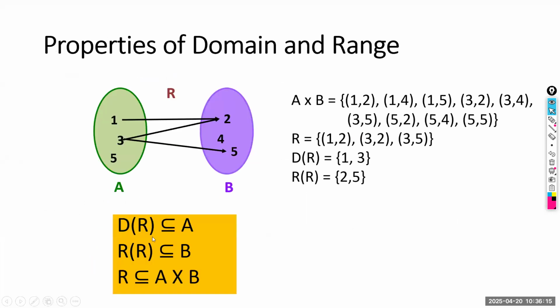Remember, the domain is a subset of your set A. Range is a subset of your set B. Maybe you can take B as your codomain. And a relation is a subset of A cross B, because the Cartesian product has all possible connections, but our relation is based on some concept.